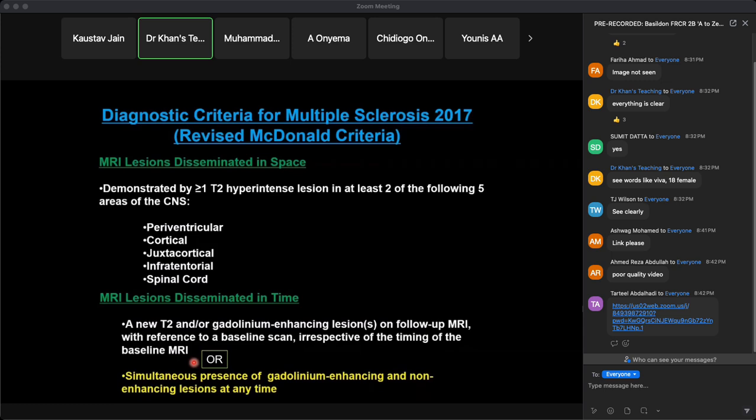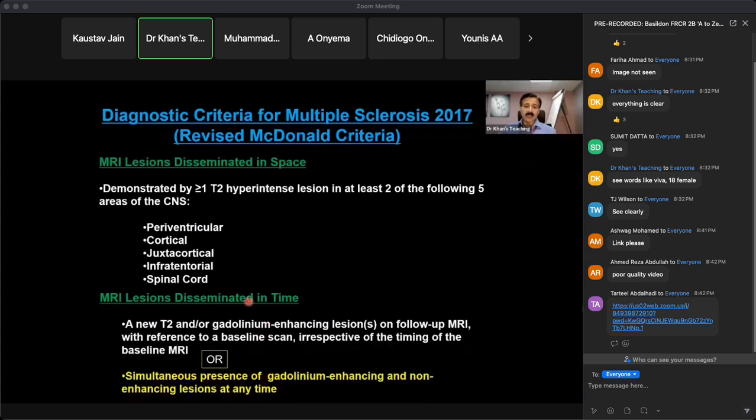If some of the lesions enhance and others do not enhance, what does it tell us? It tells us that the lesions which are enhancing are of different age, they are active, and the lesions which are not enhancing are older, so they are inactive.